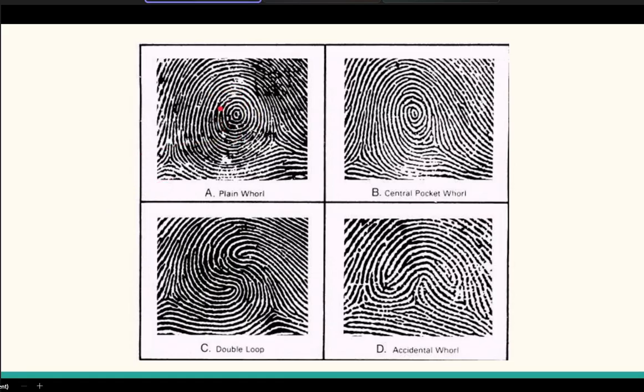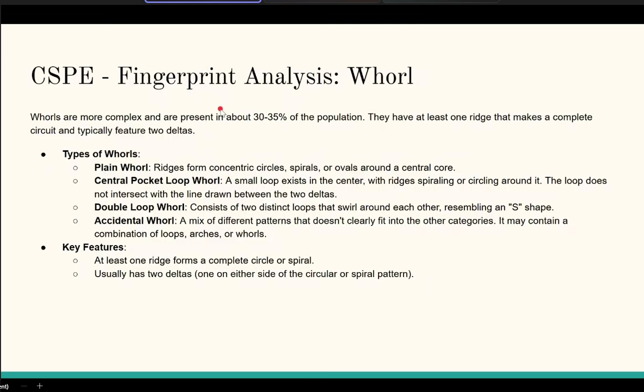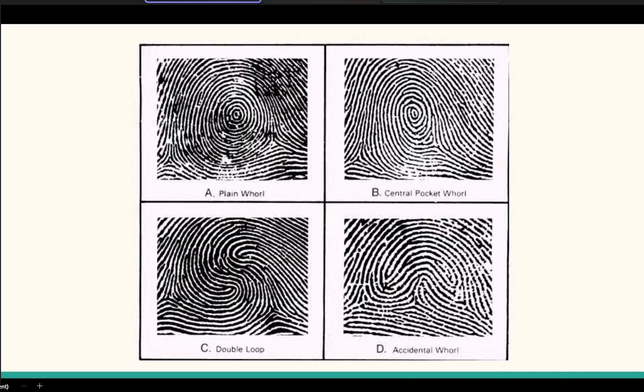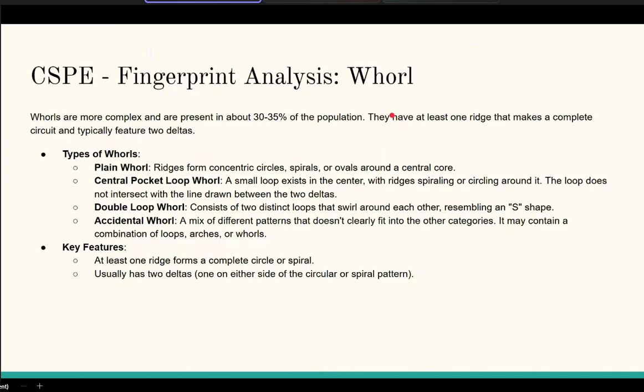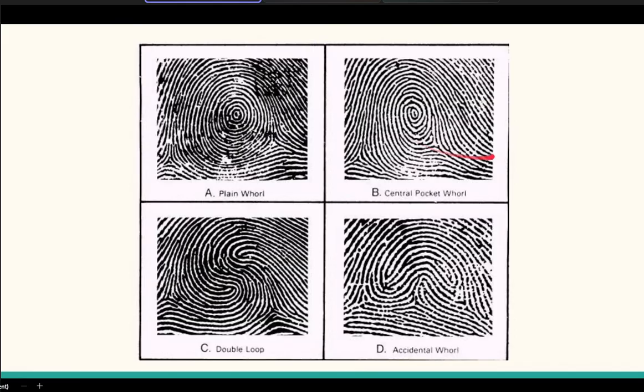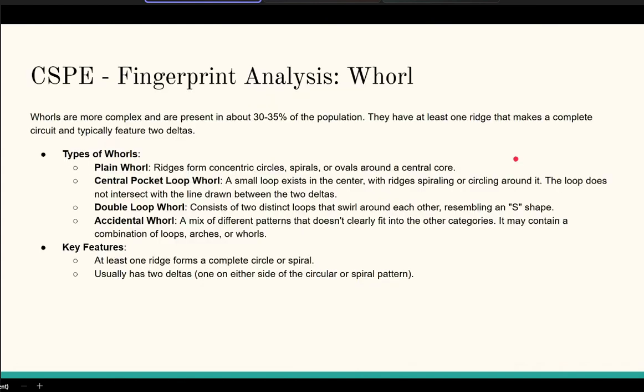The next one is the central pocket loop whorl, and those are kind of the same thing, but you won't see them particularly centered. It spirals around, and there's no ridge intersection between the two deltas.